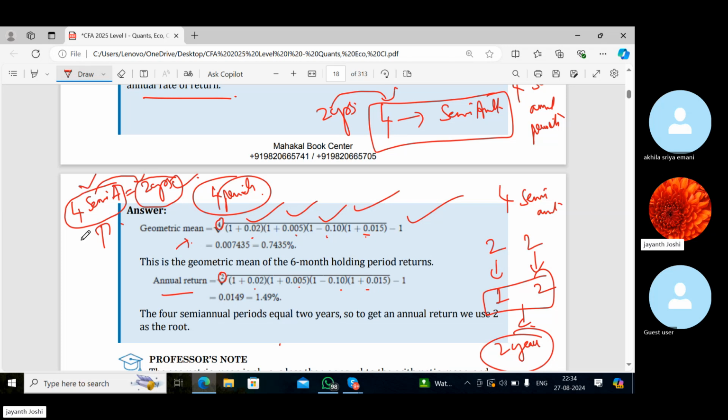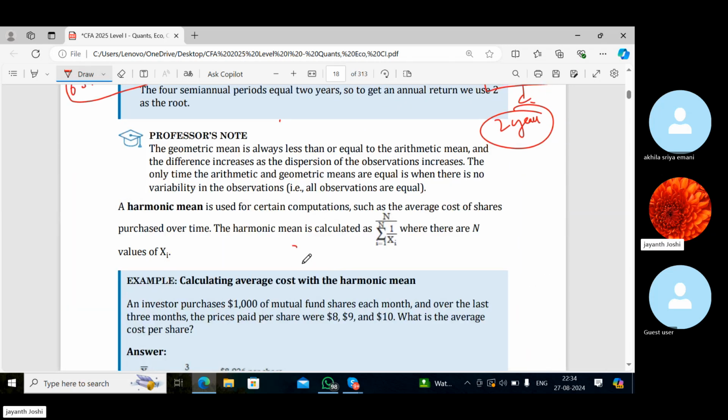If I ask you a question where 6 returns are given, there will be 6 semi-annual periods, and annually it will be 3 years. So accordingly, you calculate. Did you understand this, Akila and Tarun? In case of geometric mean, you take the entire frequency. If quarterly returns are given, you get returns every 3 months.